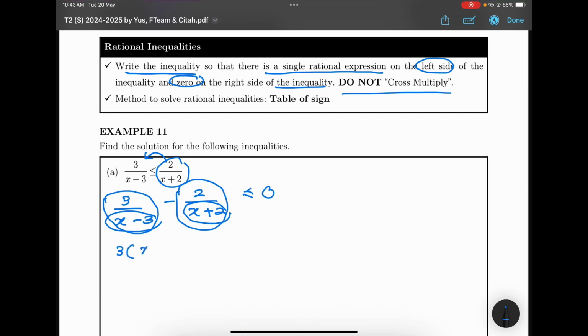Okay, so 3 times x plus 2 minus 2 times x minus 3. So now the denominator dah sama, so kita perlu salin sahaja kedua-dua factor. You don't have to multiply the factor dekat denominator. Tak perlu pun. Once you dah samakan penyebut, biarkan denominator dalam keadaan factor.